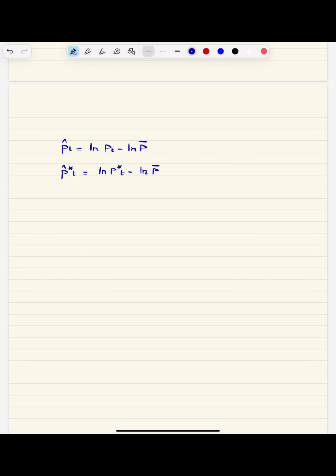Okay, if we have a function of one variable and I want a linear approximation around the steady state value x bar, then I'm just going to take the first derivative at x bar and multiply it by x minus x bar, and that's it, right? So if I have ln p star, the value of this function at the steady state is just ln p bar, plus the derivative, which is 1 over p star, right?